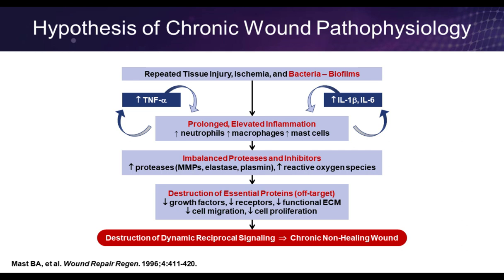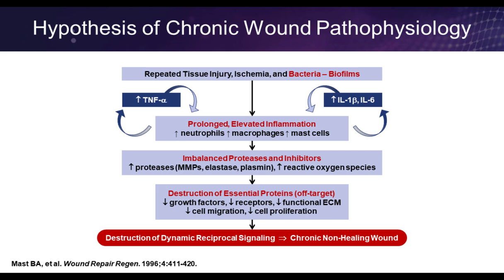The challenge is that these biofilms and planktonic bacteria are incredibly inflammatory, both to our adaptive immune system as well as our innate immune system, our toll-like receptor system. And so these factors contribute to extending or prolonging the inflammation phase.